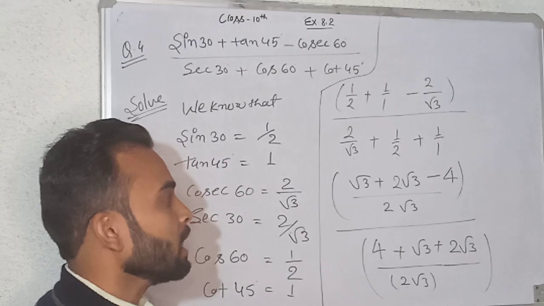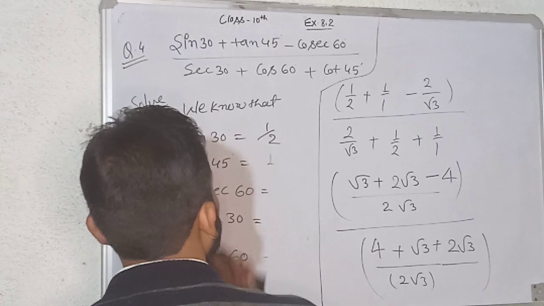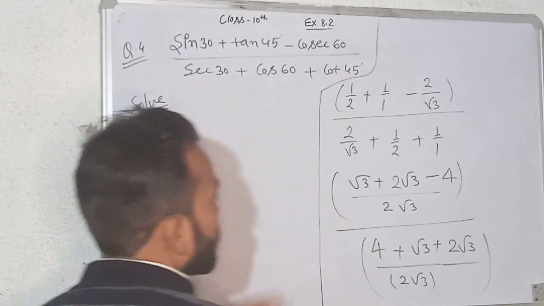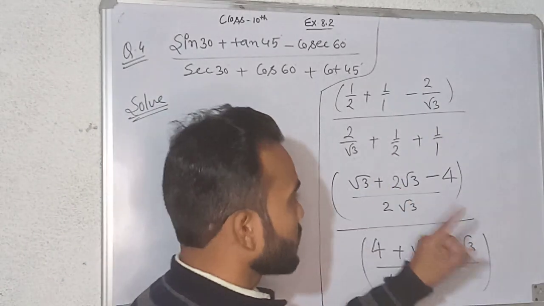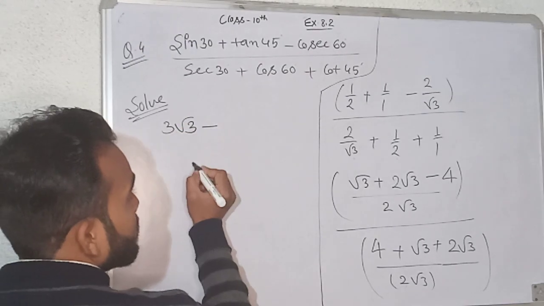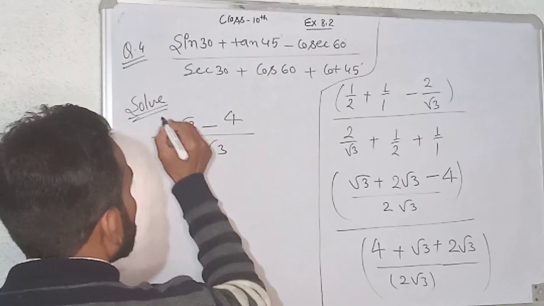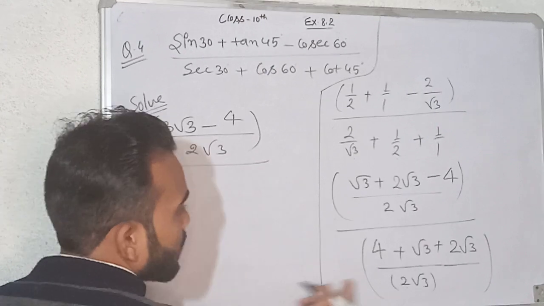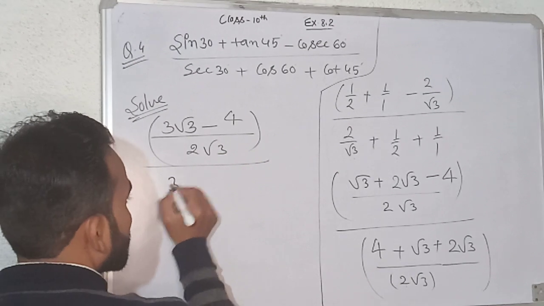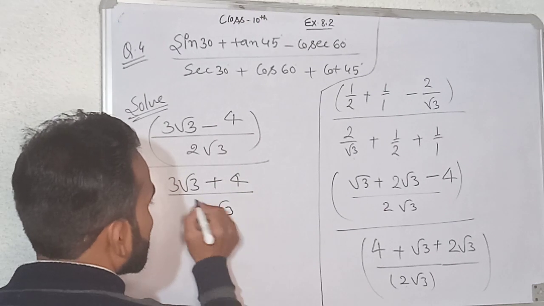Clear? Any doubt? Now root 3 plus 2 root 3 becomes 3 root 3. So the numerator is 3 root 3 minus 4 upon 2 root 3, and the denominator is root 3 plus 2 root 3 plus 4, that is 3 root 3 plus 4 upon 2 root 3. Clear?